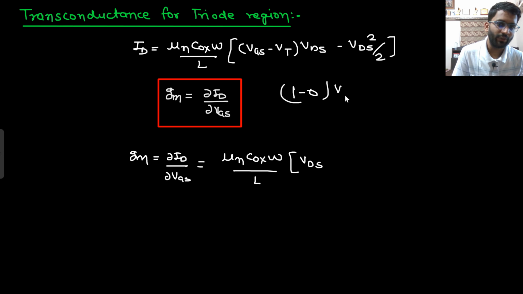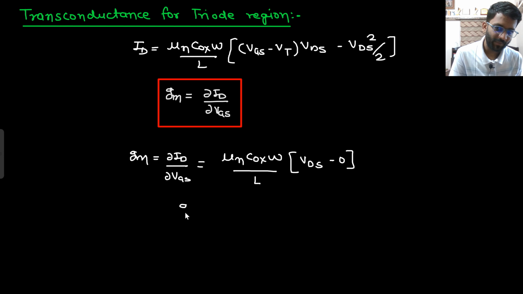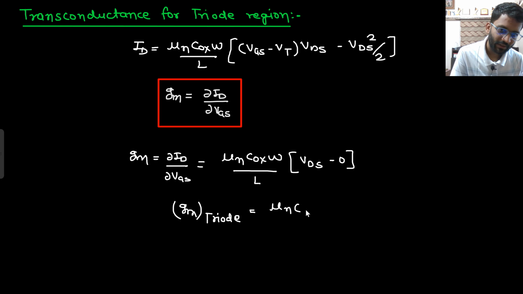So 1 minus 0 into VDS, that would be VDS only. And when you differentiate VDS square, it will be 0 only. So simply your Gm for triode region came out to be mu n Cox W by L into VDS.